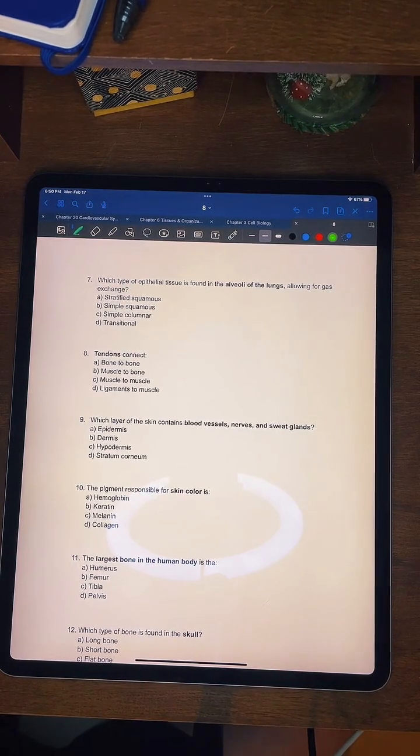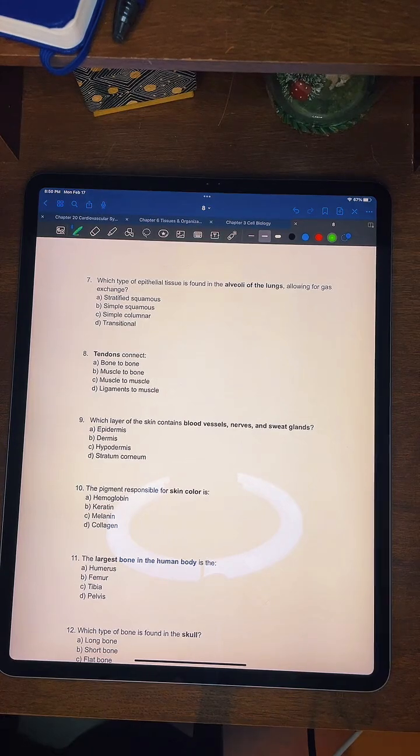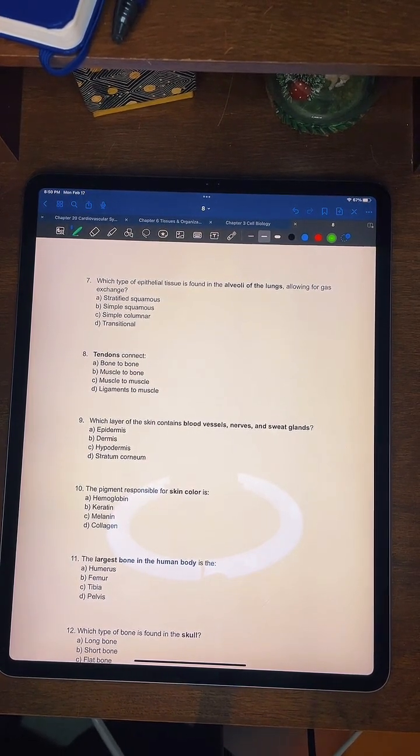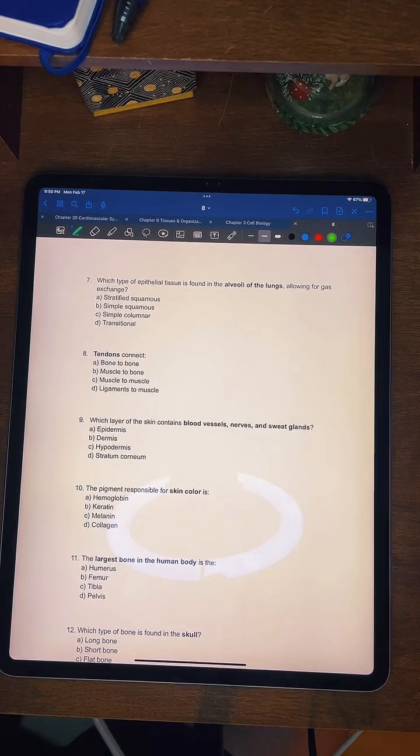Right now we're on number 7. Which type of epithelial tissue is found in the alveoli of the lungs, allowing for gas exchange? We have A, stratified squamous, B, simple squamous, C, simple columnar, D, transitional.